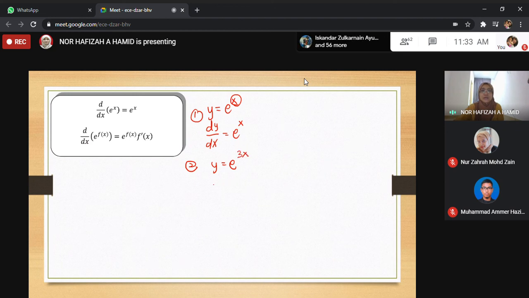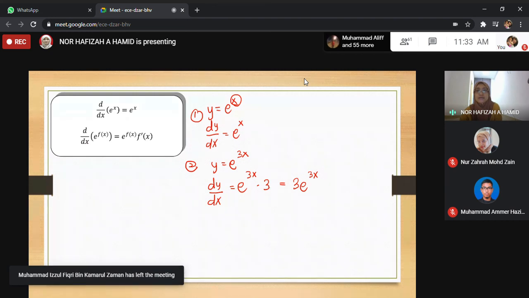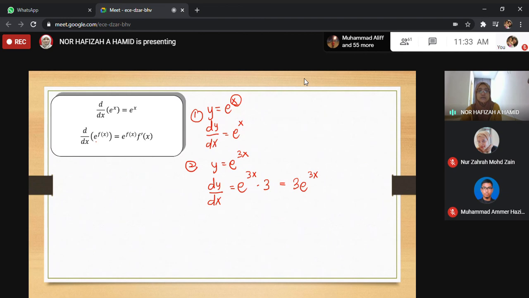So dy over dx is equal to, first you copy e to the power of 3x and times with 3. So you have 3e to the power of 3x. Okay, so yang ini for derivative of the exponential function. Exponential function maknanya you nak differentiate tu, step dia you copy, lepas tu you differentiate power dia je.